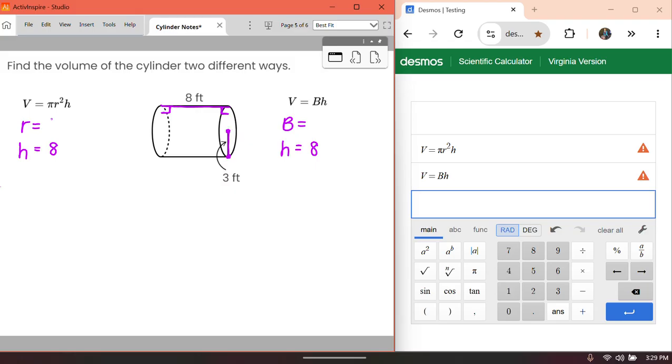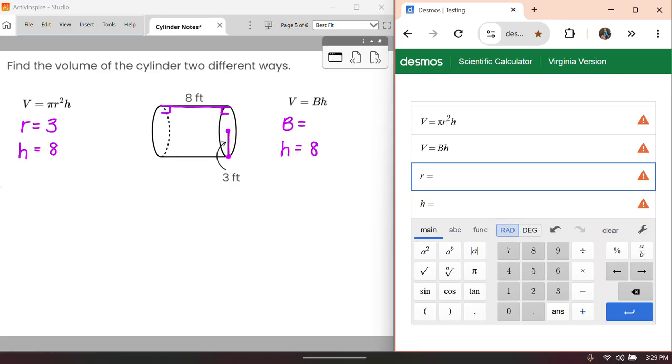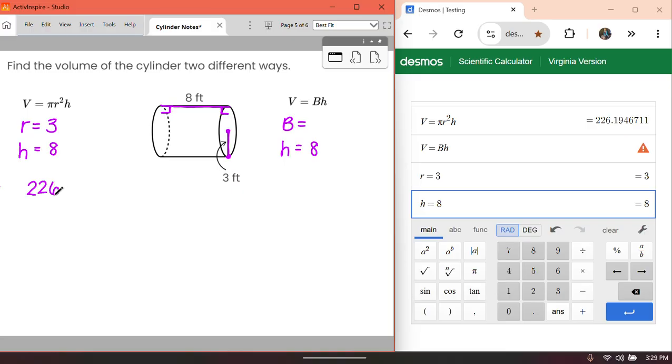That's halfway across the circle. So my radius is 3, which means I can already use the formula on the left because I know the radius and the height. The radius is 3, the height is 8. I get 226.2 feet cubed because volume is always cubed.